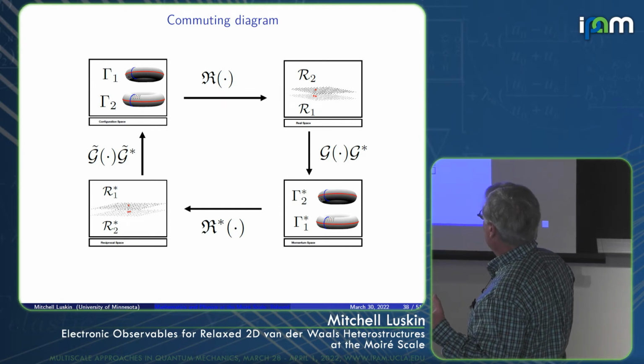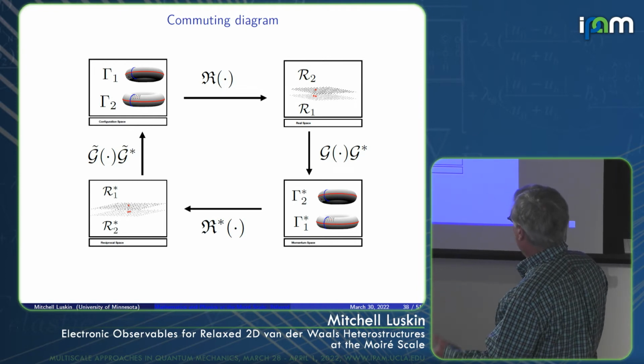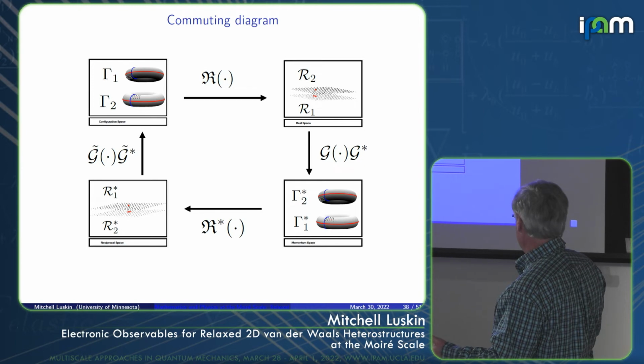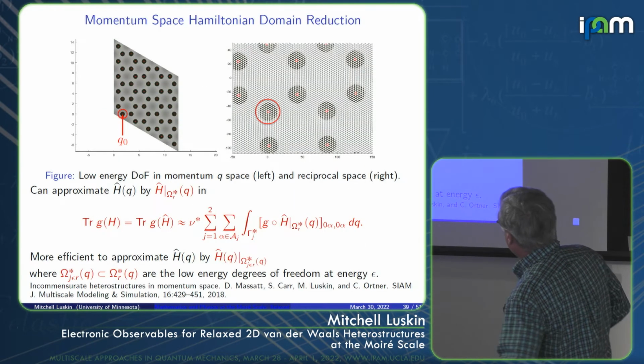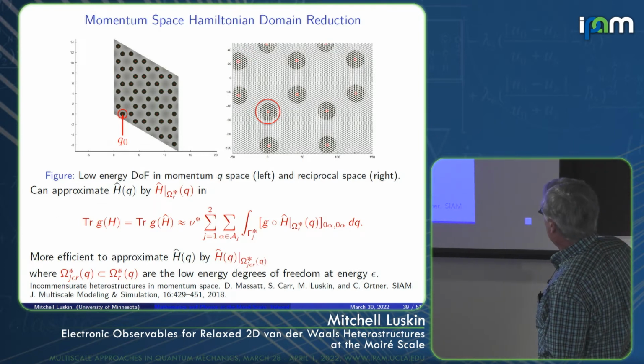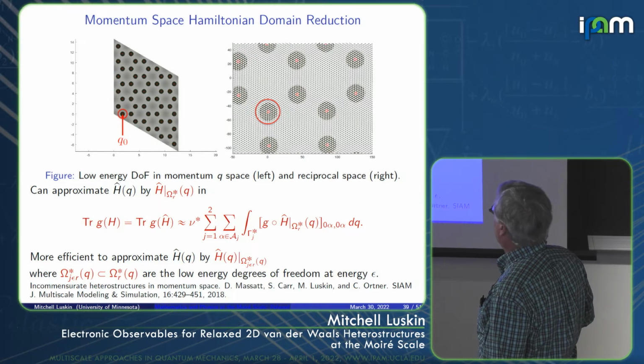So you have this duality, and then using Bloch transforms, you can totally transform it to reciprocal space, momentum space.